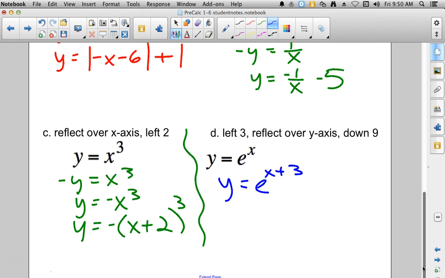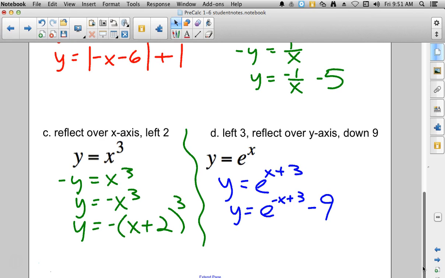Reflect over the y-axis. Put a negative in front of the x and just the x. Got it. So lots of different parent functions we were looking at there.